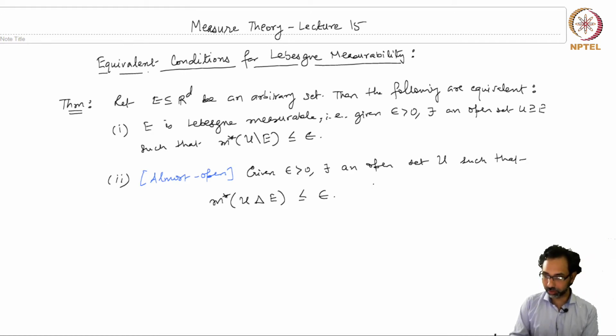So the difference here is that E may not be a subset of U.